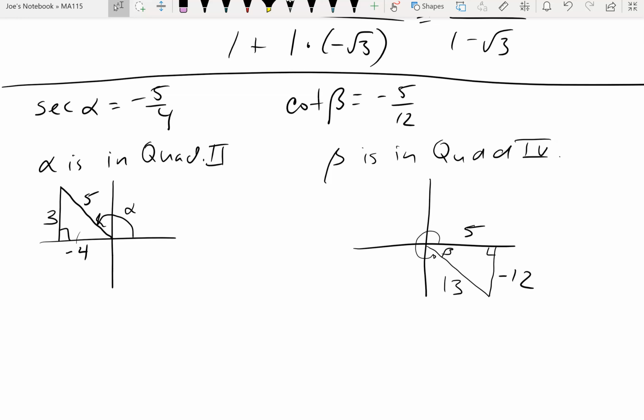Got my triangles down? All right, so A wants sine of alpha minus beta. So how can we rewrite sine of alpha minus beta? Why can't we just go counterclockwise or clockwise rather than going like with the beta?